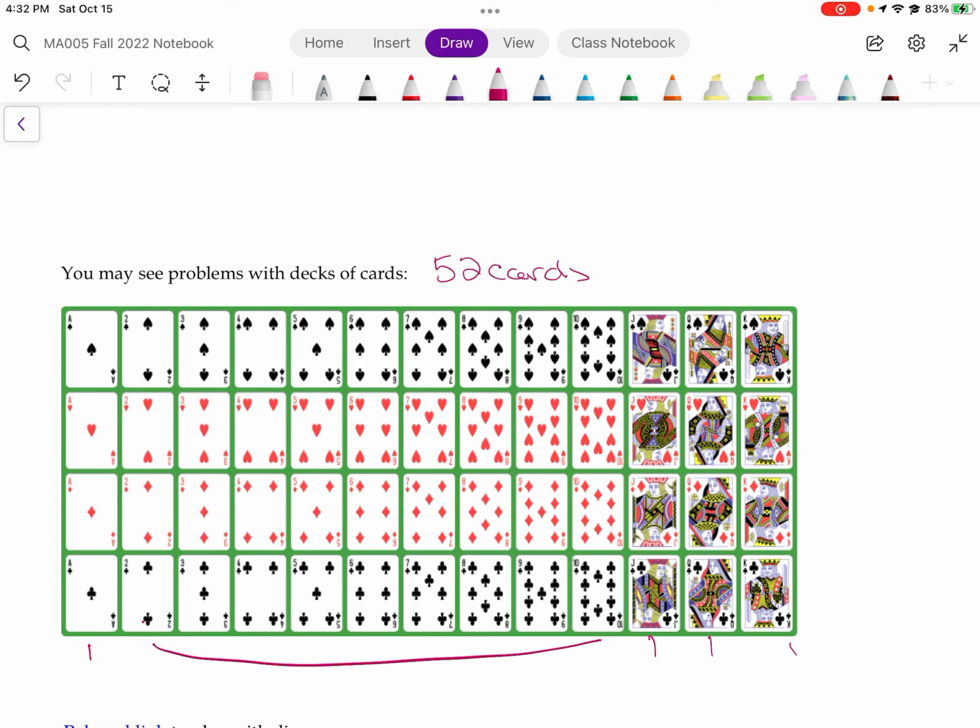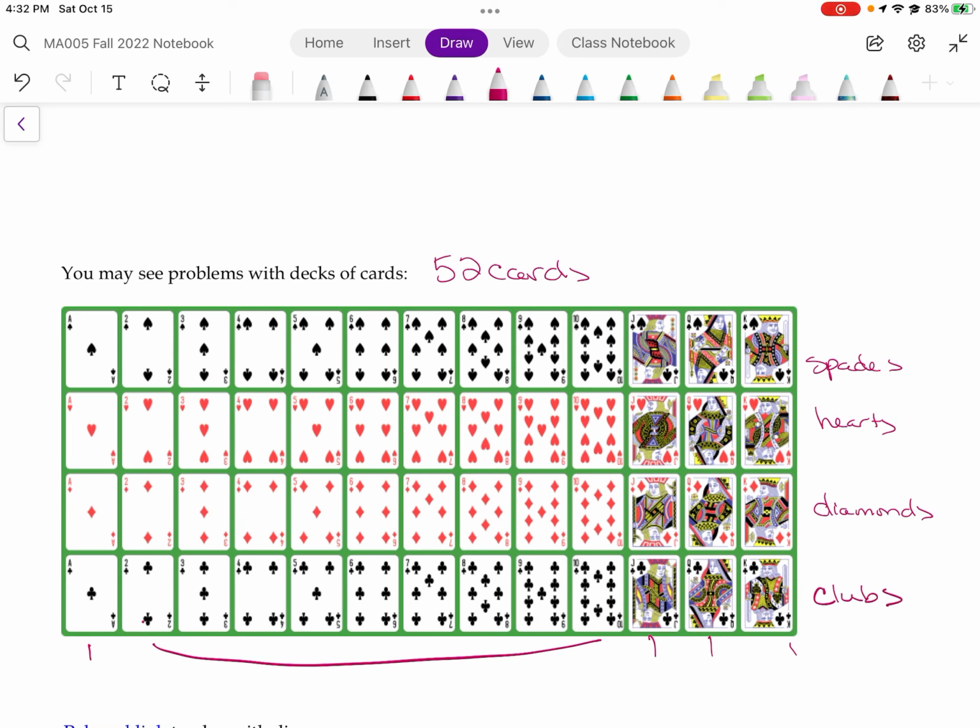Okay, there are 2 black suits and 2 red suits. These are called clubs. These are hearts. These are diamonds, just like they look. And these are spades, not clubs, my eyes. All right, and these are clubs.